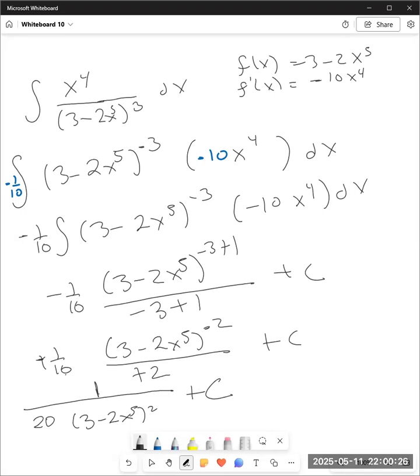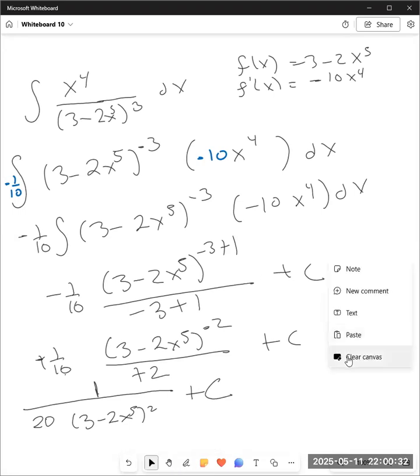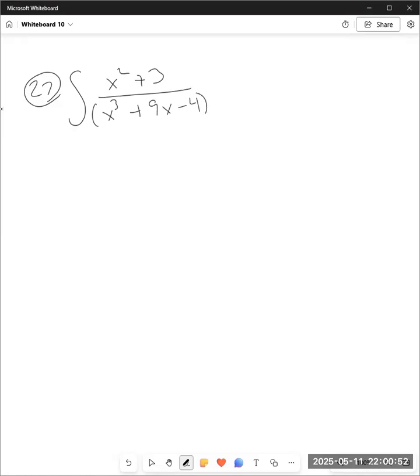All right, let's look at one more problem for this video, and that'll be number 27. 27 says the integral of (x squared plus 3) over, and the denominator is (x to the third plus 9x minus 4) quantity squared dx.